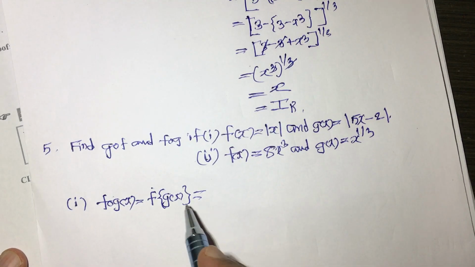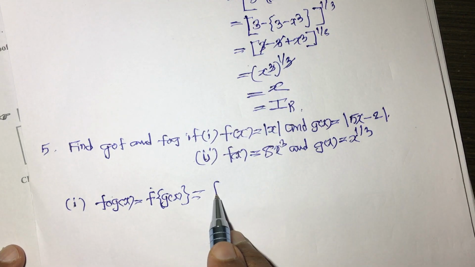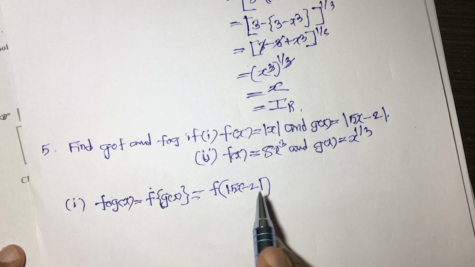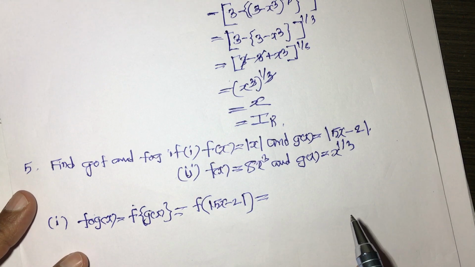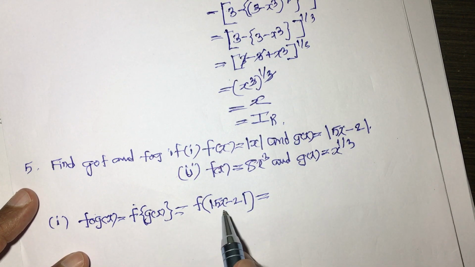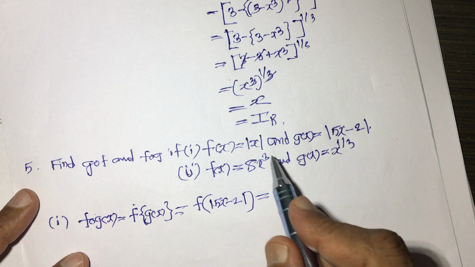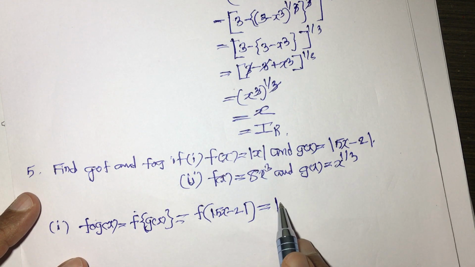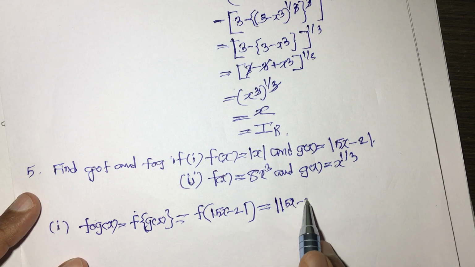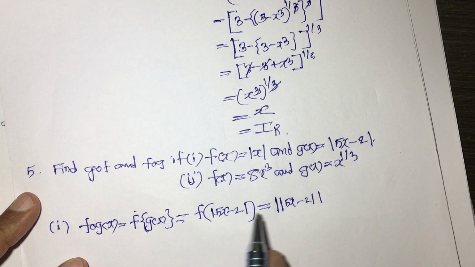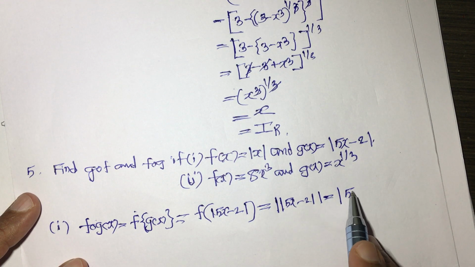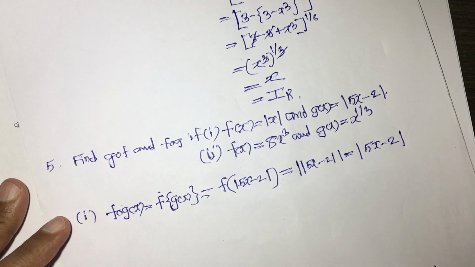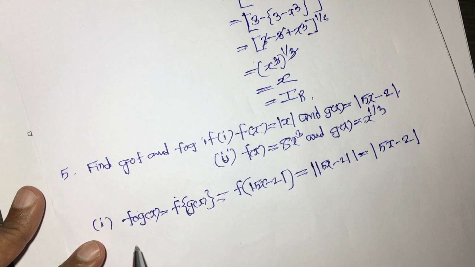Now I put the value of g of x, which is f of mod of 5x minus 2, and this is equal to, g of x is mod of 5x minus 2, and f of x is mod x, means it is mod of 5x minus 2, because your x is mod of 5x minus 2, means we can write this as mod of 5x minus 2, which is your f composite g of x.